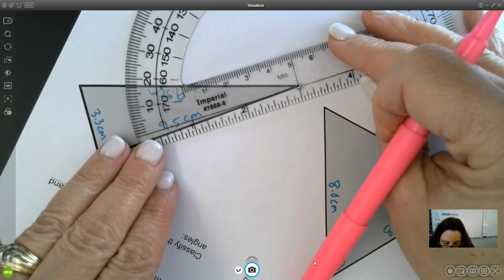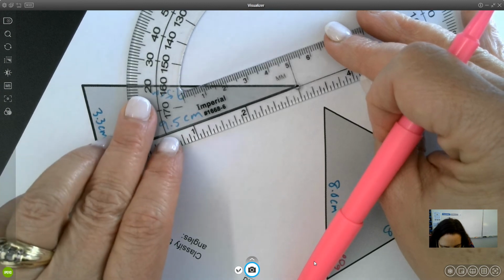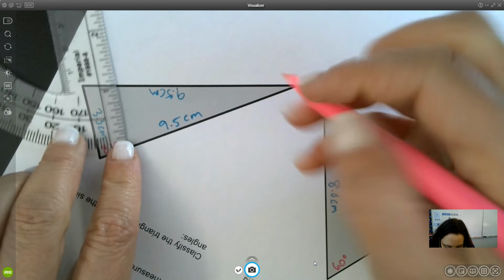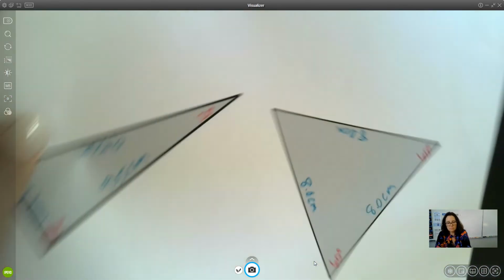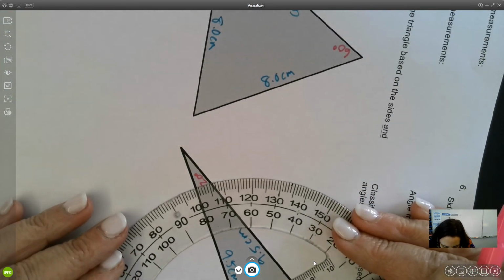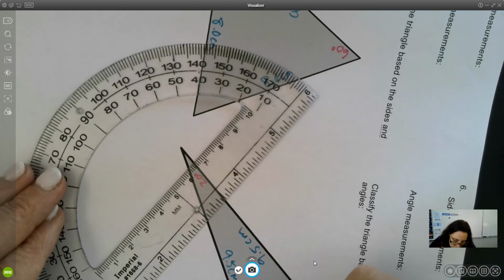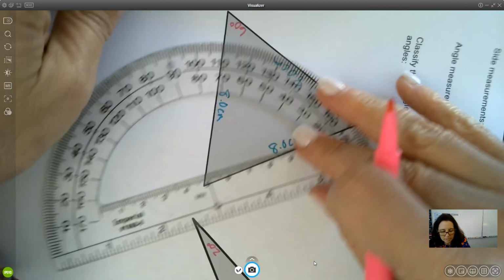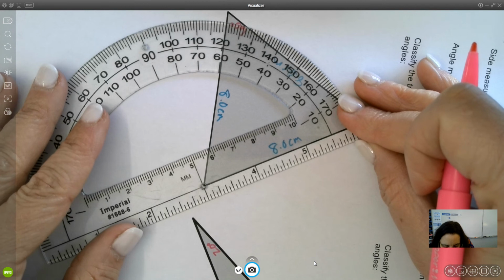And this guy, okay, I'm kind of up on a slant here, so it's not going to be perfectly accurate. Looks like about 20. Looks like about 80 right here. And then this guy, kind of up on a slant. 60.